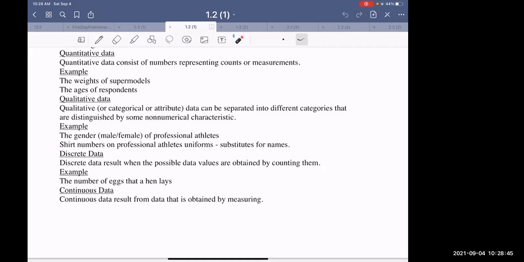Shirt number. Just because it's a number does not mean that it is quantitative. So a shirt number on a professional athlete's uniform. If I have this football player, his shirt number is not quantitative. It is not numerical in nature. The shirt number here is just a substitute for his name.